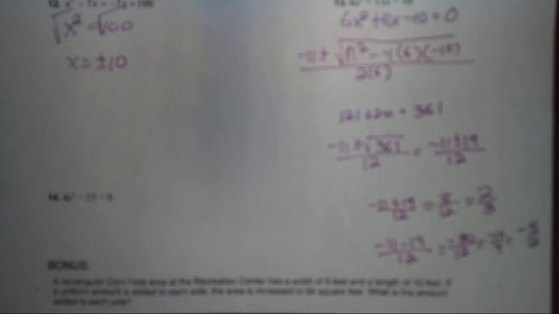Negative 11 plus 19 gives you an 8. Over 12, which gives you 2/3, and negative 11 minus 19 over 12 gives you negative 30 over 12, which we can reduce. 3 will go into both of these, which would be negative 10/4. 2 goes into both, which would give you a negative 5/2.